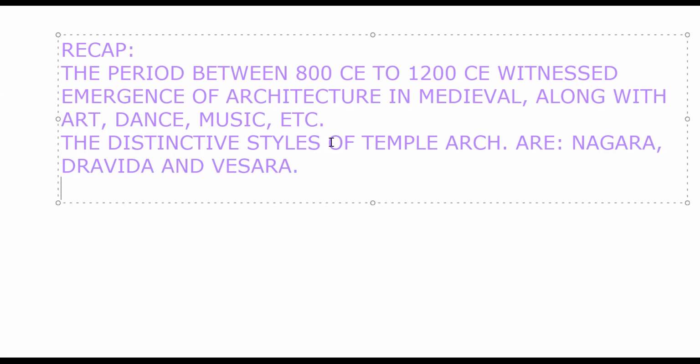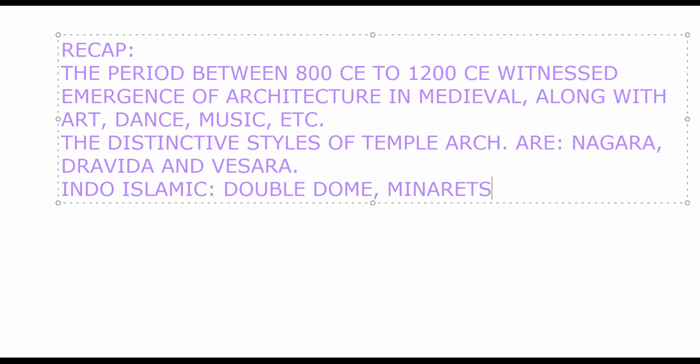The next thing is the unique features of the Indo-Islamic style. The unique features of the Indo-Islamic are the double dome. We discussed the minarets. We also discussed the arches.